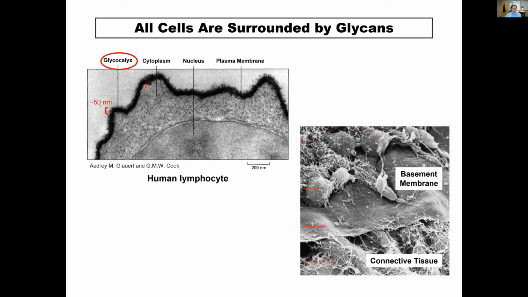And so you can imagine that anything that comes in that wants to interact with the cell, this is the first thing that it will interact with. So these glycans are very important for many important cellular processes that we'll talk a little bit more in depth later. And also these glycans are a key structural feature of the basement membrane and connective tissue as well.